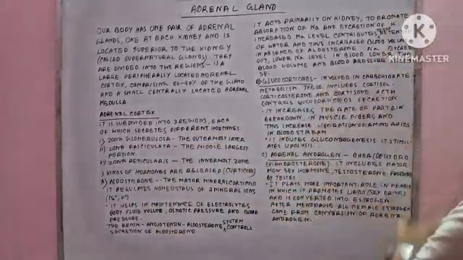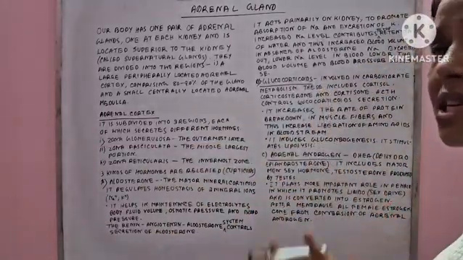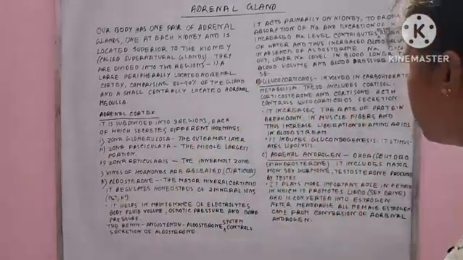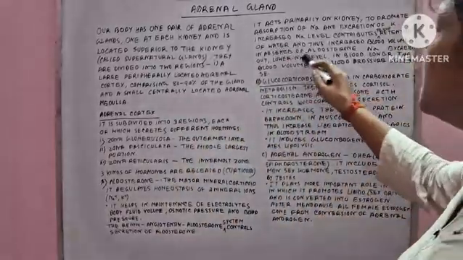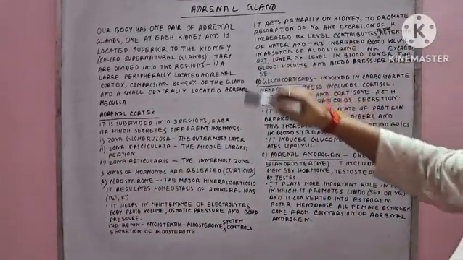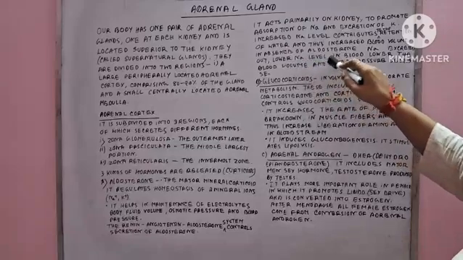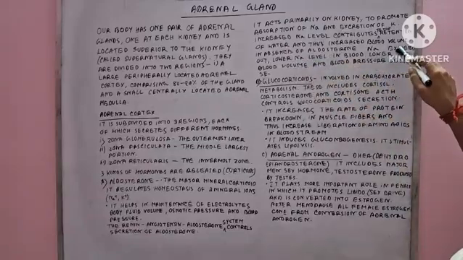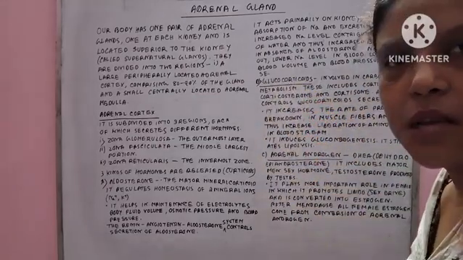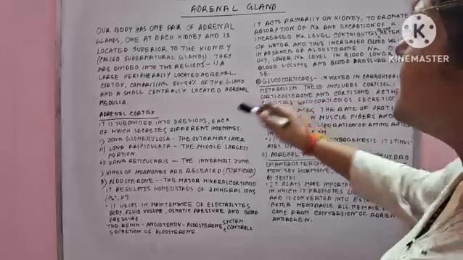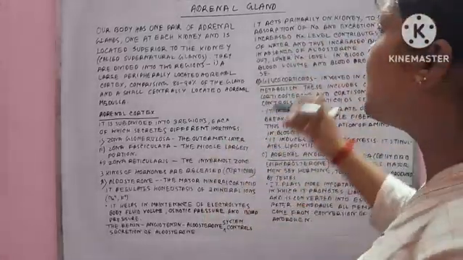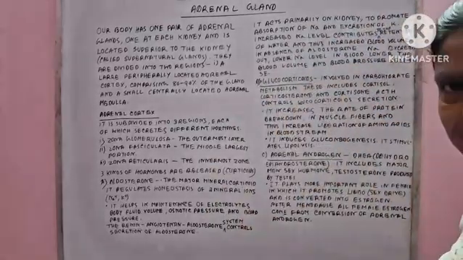And when the blood volume is increased, the blood pressure will be high. But in absence of aldosterone, sodium is excreted out, giving a lower sodium level in blood, and that's why the blood volume and blood pressure decrease. Clear? So this is what happens in presence of aldosterone and in absence of aldosterone.